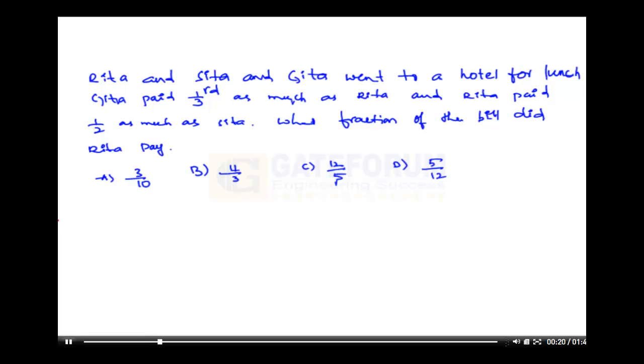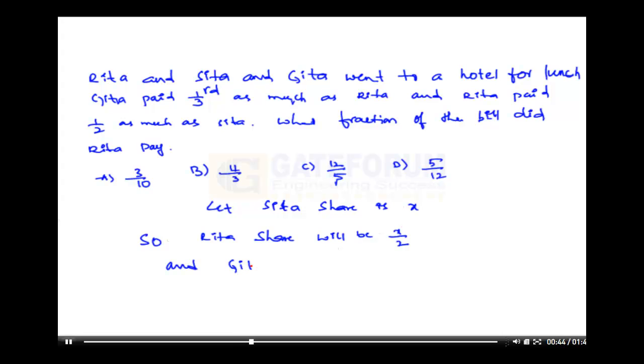Let us take Sita's share as X. So Rita's share will be 1/2 of Sita, that is nothing but X by 2, and Geeta's share will be 1/3 of Rita, which is nothing but X by 6.